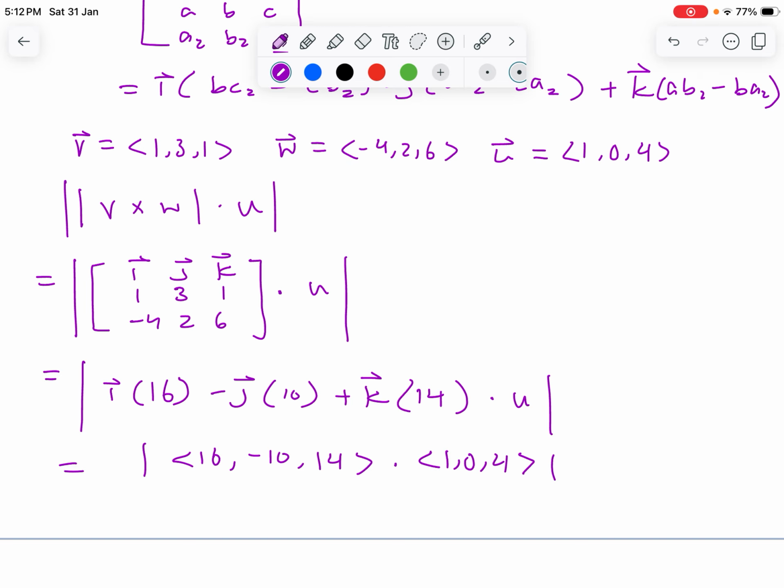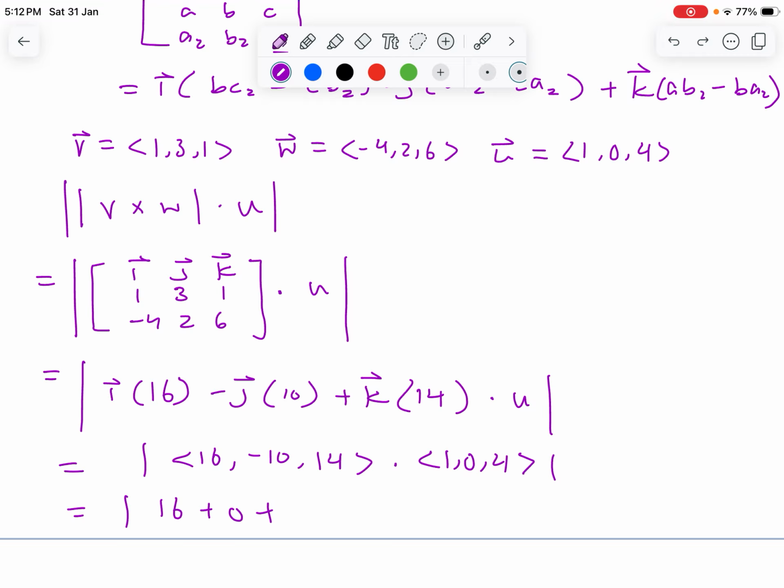Okay. And to compute that, the difference between cross product and dot product is that for dot product, we're basically just expanding and adding them up. So we do 6 times 1, which is 16. 16 plus -10 times 0, which is just 0. And then plus 14 times 4.